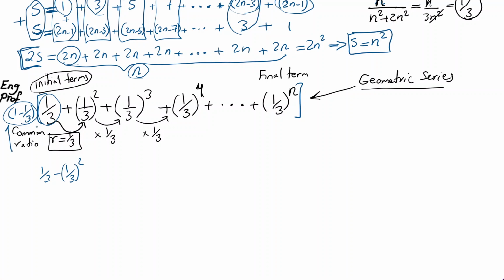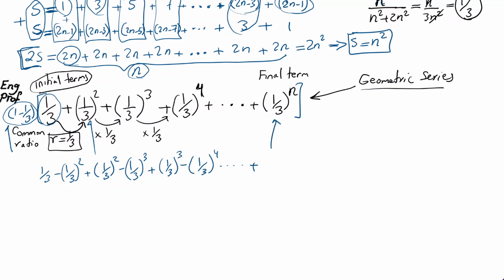You multiply this with the second term, you get 1 over 3 squared minus 1 over 3 to the power 3. Do this with the third term, and you get 1 over 3 to the power 3 minus 1 over 3 to the power 4, and so on and so forth.